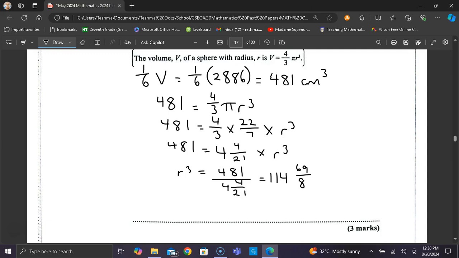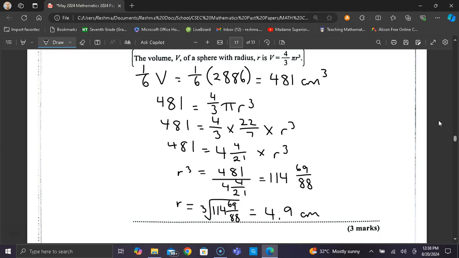I know it's a weird fraction. And then we have to take the cube root of that. The cube root of that will give 4.9 centimeters. So that's the radius of one of the gold spheres.